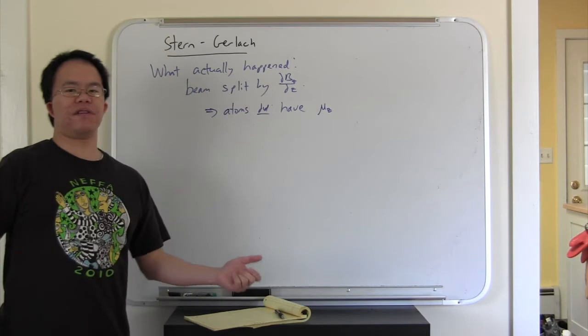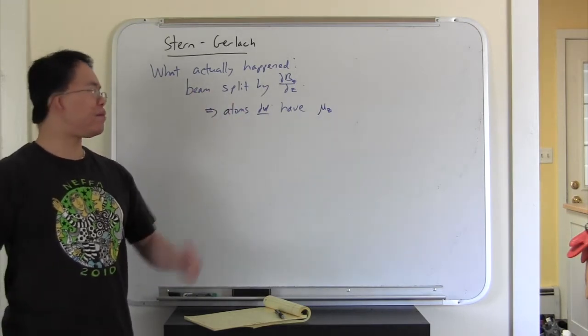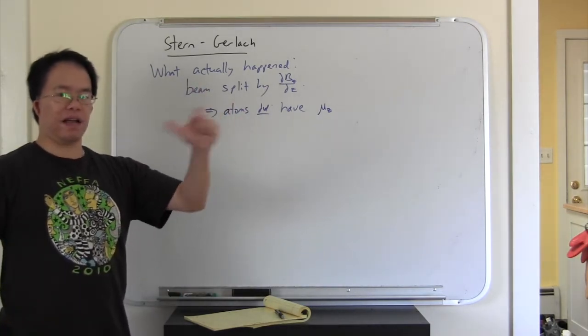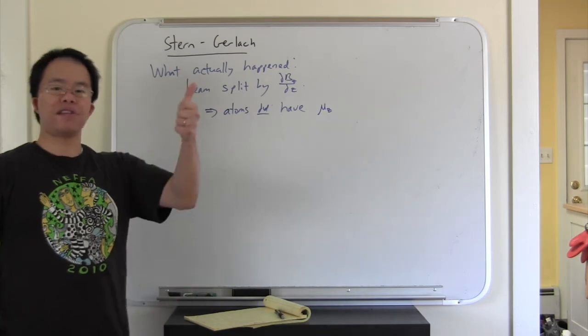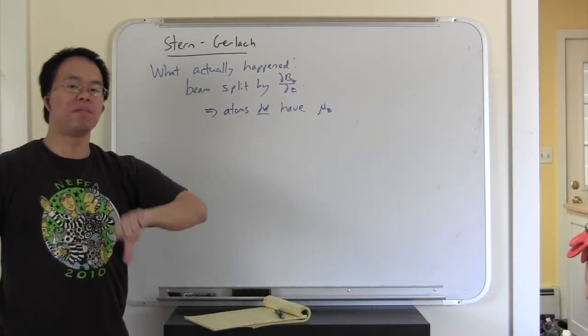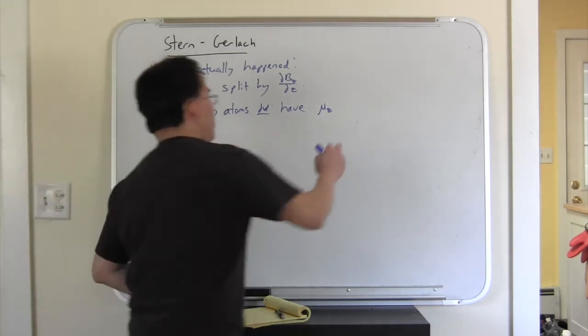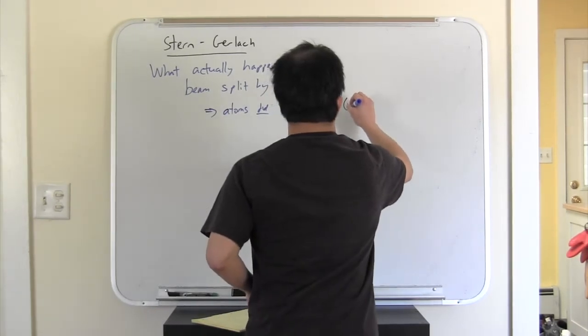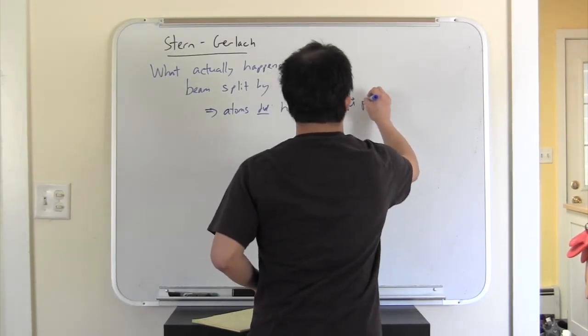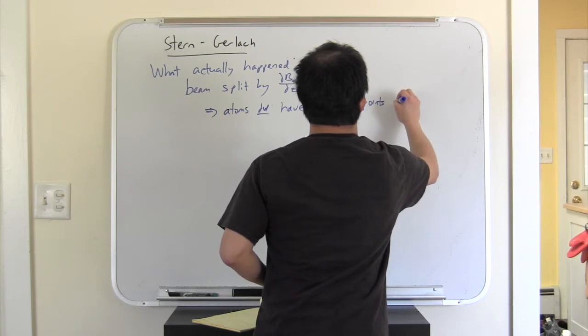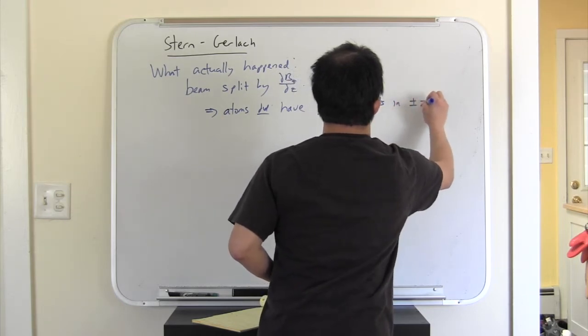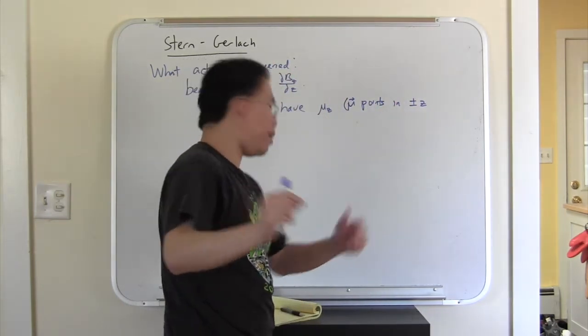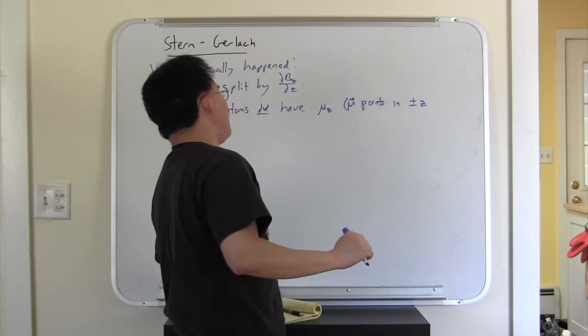And because of the nature of that split, that magnetic dipole moment could either point in the plus z direction or in the minus z direction. So it points in plus or minus z, or has positive or negative z components, it would be better to say.